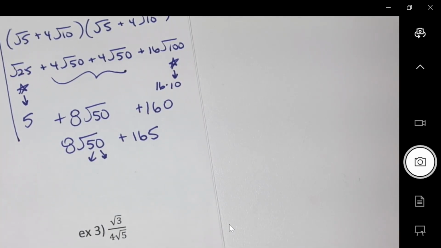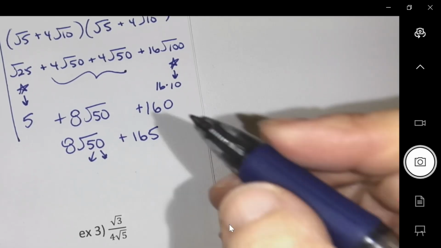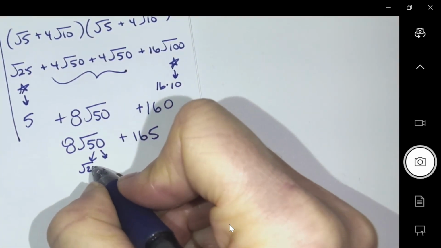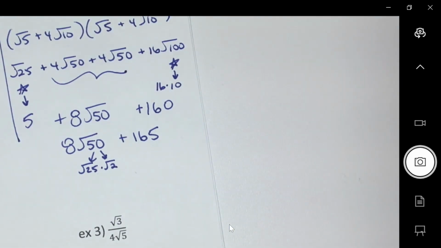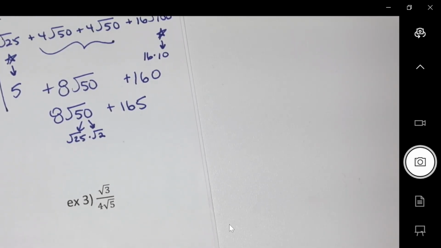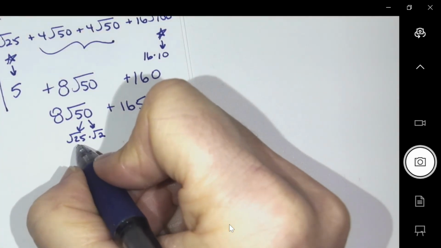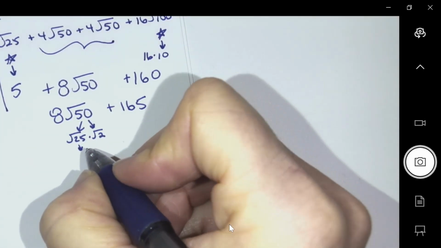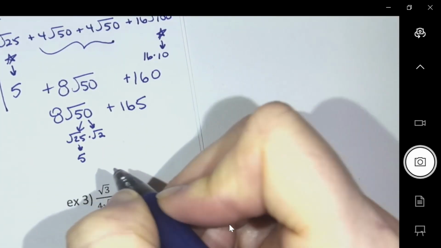Okay, so the root of 50 could also be written as the root of 25 times the root of 2. Do you remember that? And then, oh my goodness, you can do more. And then the root of 25 is the whole number 5.